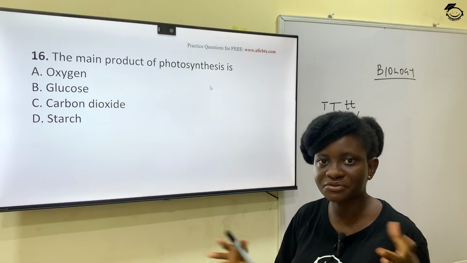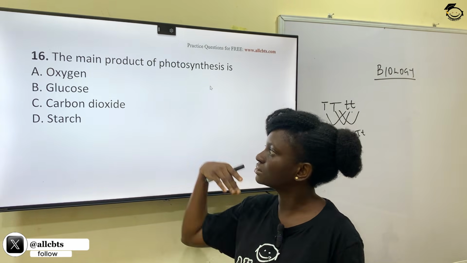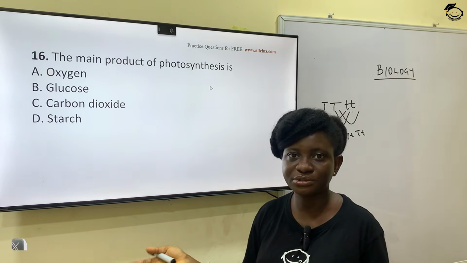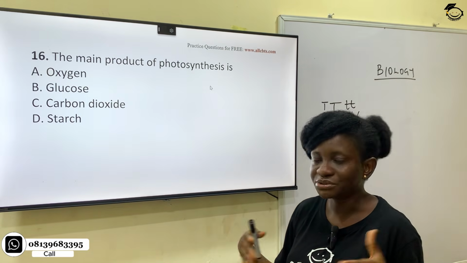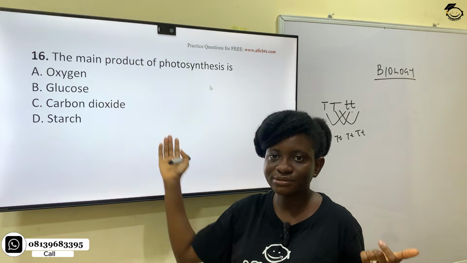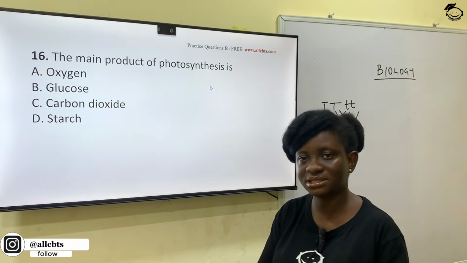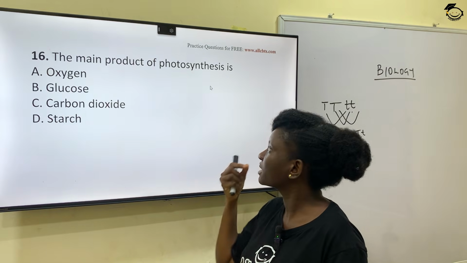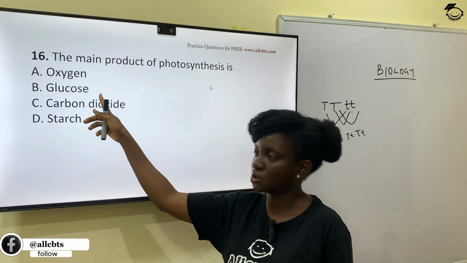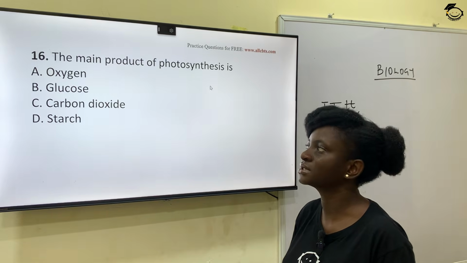The main result from photosynthesis is to produce glucose for the plant to produce food. So CO2 is not a product, it's just involved in the reaction. So the main product is glucose, option B.